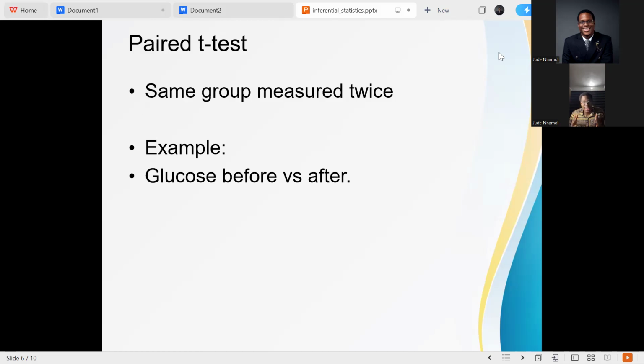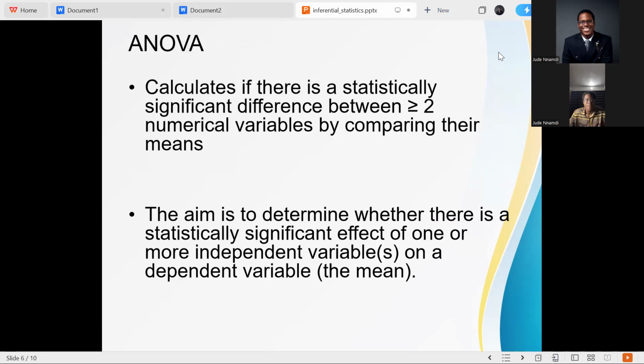This is the same group, but at different times. Using the paired t-test can help you know if there is a statistical difference in the mean of the glucose or cortisol levels you get. That is one of the ways we found out that cortisol is higher in the morning and lower at night.